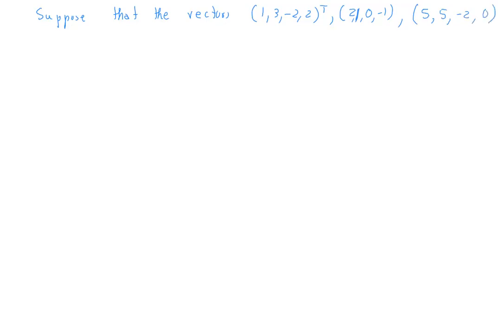So suppose that the vectors (1, 3, -2, 2), (2, 1, 0, -1), and (5, 5, -2, 0) span the subspace V of R4.